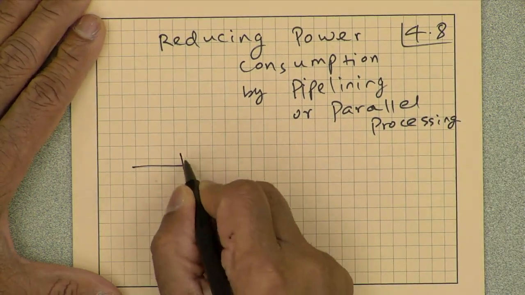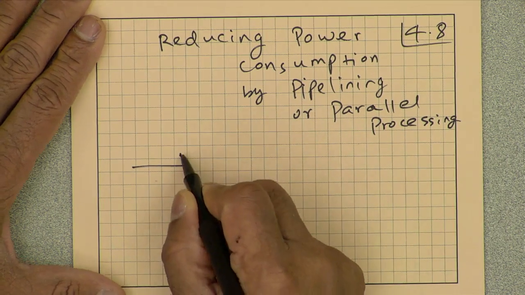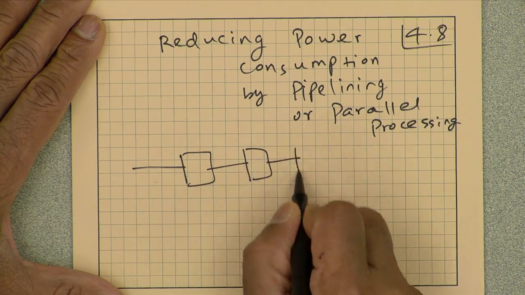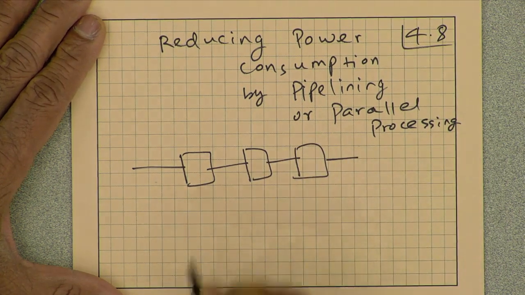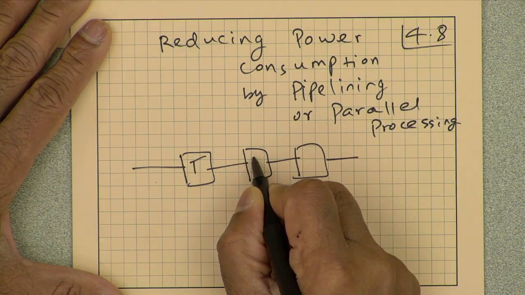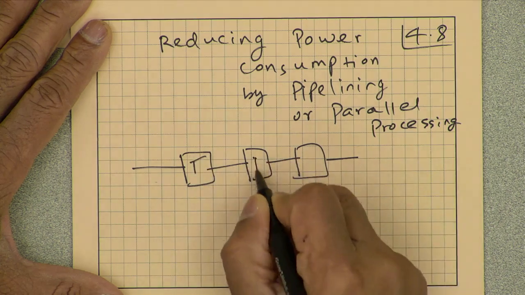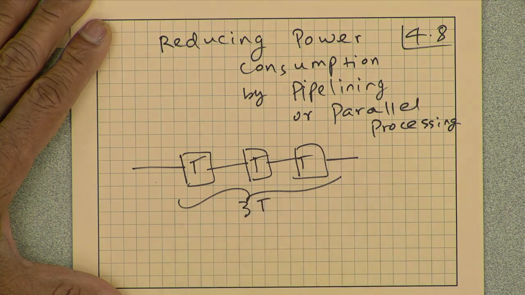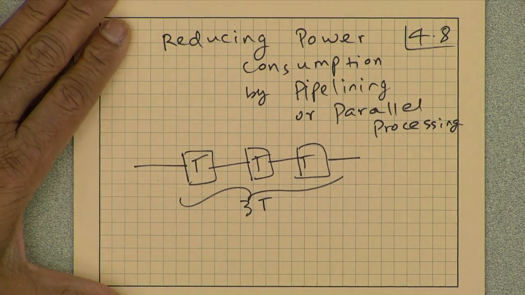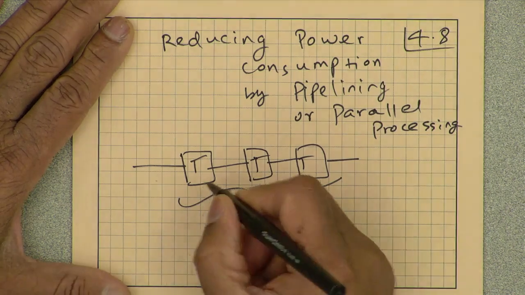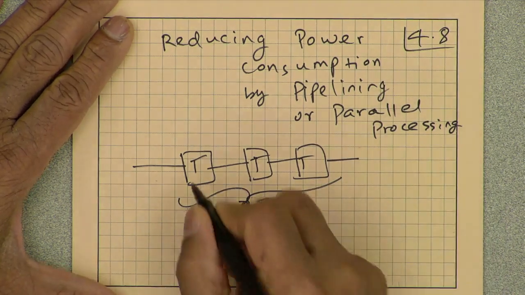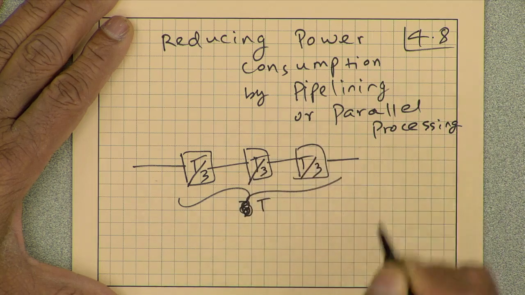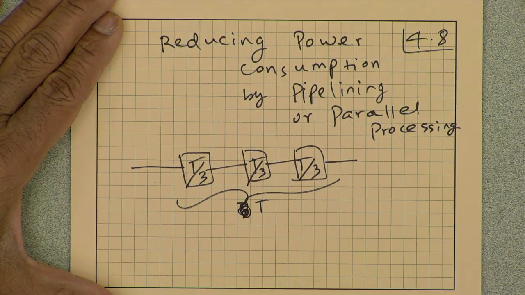Let's say we have a data path here, and that takes 3t time units. Actually, let's make it t, and think of each stage's data path delay as t by 3.